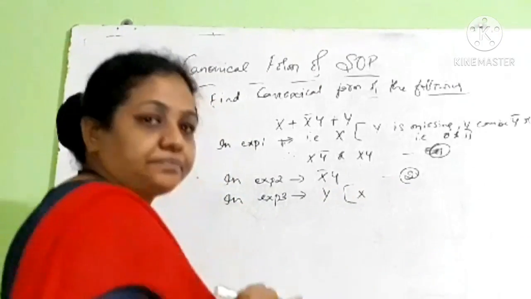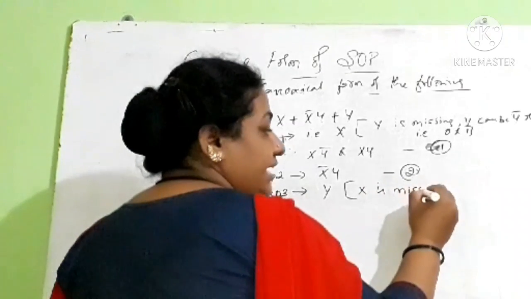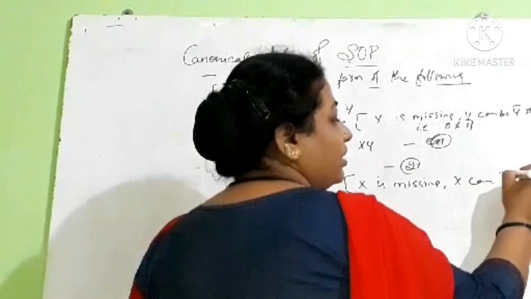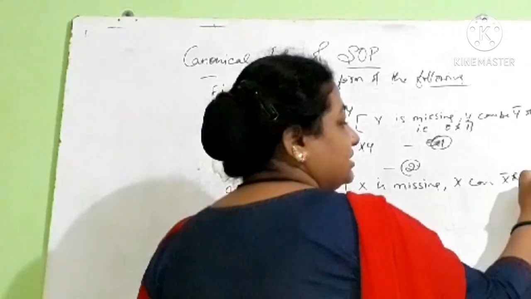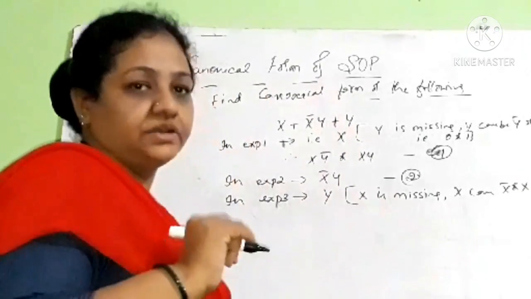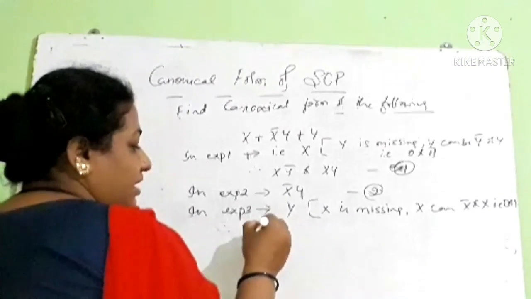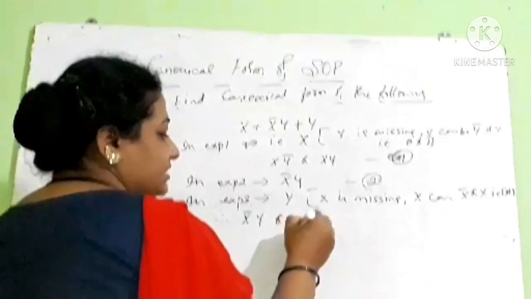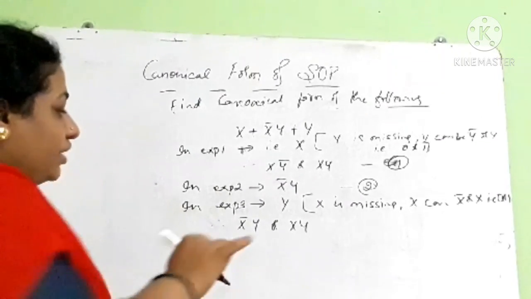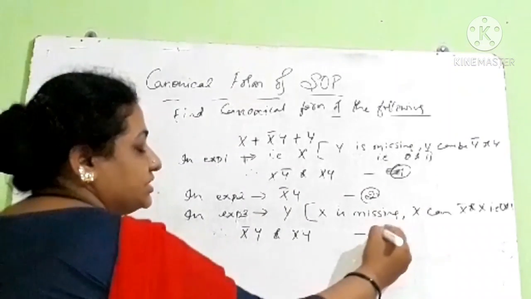X is missing. As x is a logic variable, x can be x bar or x. That is, x can be 0 or x can be 1. Therefore, x can be x bar y or it can be x y. So now we have got all the terms in all the expressions. So this will be expression 3.